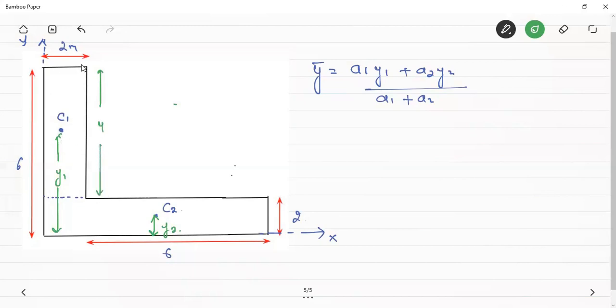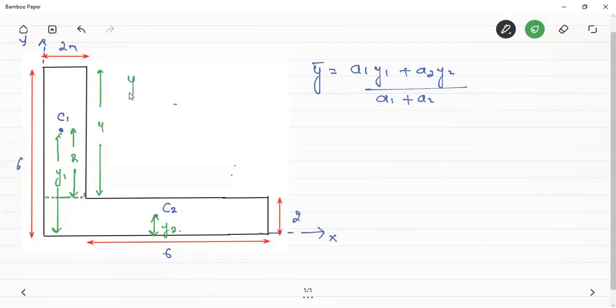Therefore, the centroid of the first rectangle, see here, this is the first rectangle, will lie at a distance of 2 meters. Okay, this will be the centroid. Since the length of this first rectangle is equal to 4, its centroid will be at half.